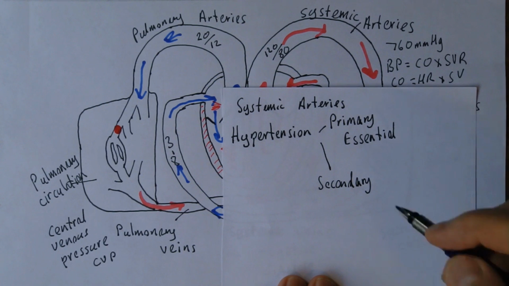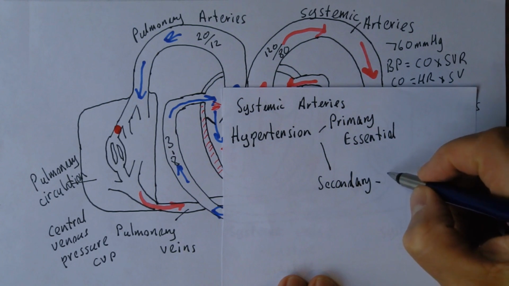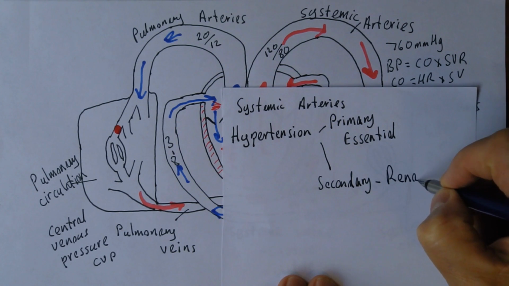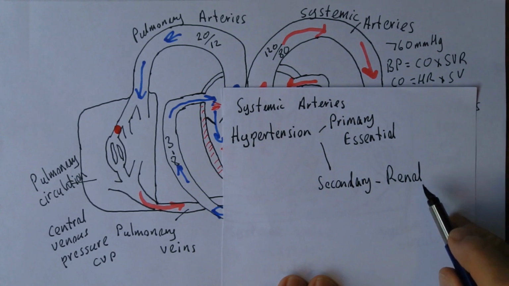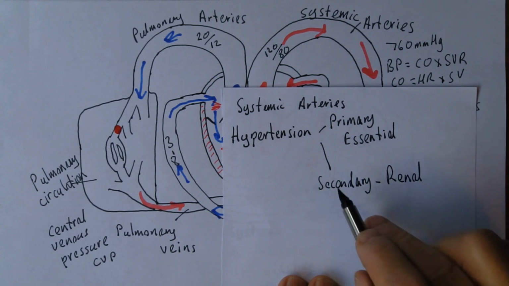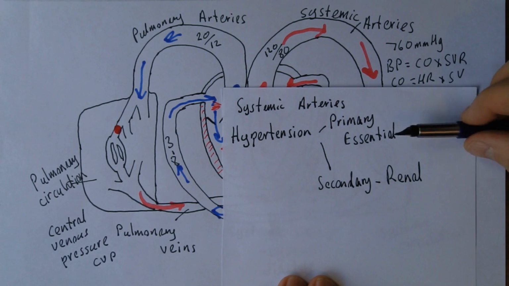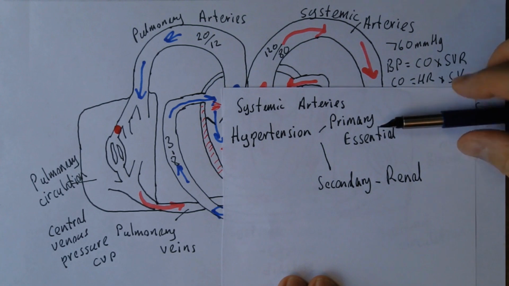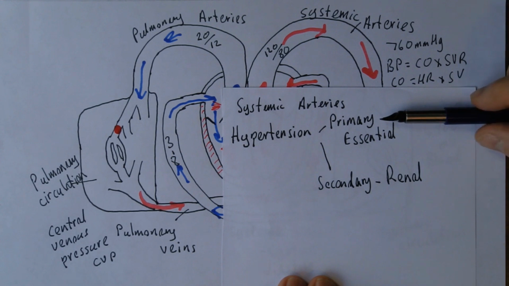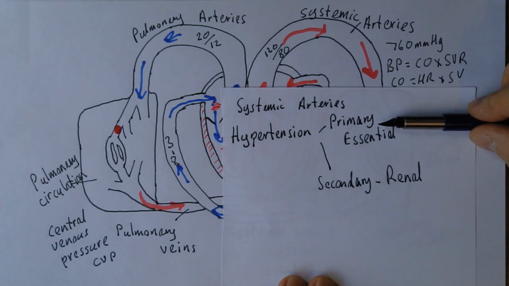So, for example, secondary hypertension is often caused by renal problems. The kidney is very closely involved in control of blood pressure. Problems in the kidney can give rise to hypertension. But other times you get your blood pressure checked and it's a bit high, and that can remain forever if you develop it. Primary hypertension doesn't seem to be caused by any underlying pathology.